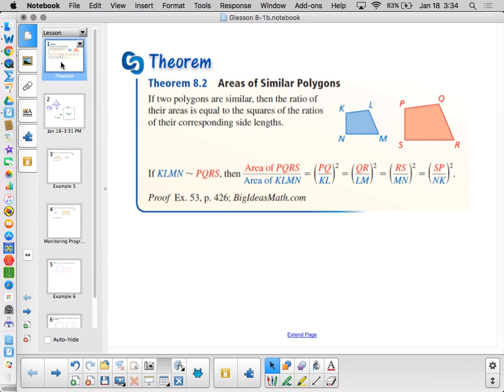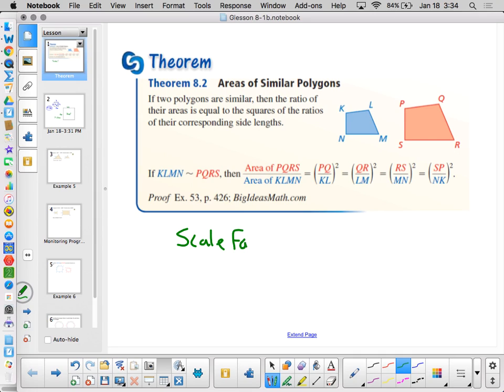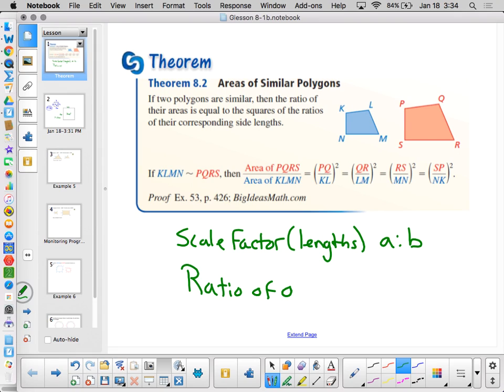So bottom line is, and this is kind of a big thing, if the scale factor, which applies to all lengths, is A to B, then the ratio of areas is A squared to B squared. And it has to do with the units, because it's measured in units squared.